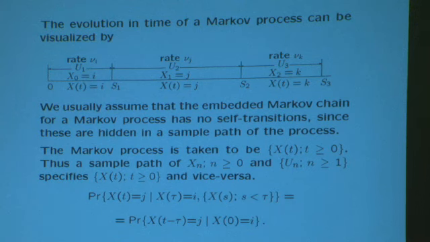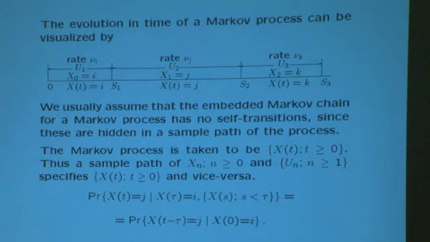When you know when the transitions are occurring, you know what these u's are. And when you see what the transition is into, you know what the state is. So the description of a Markov process in terms of the process x of t for all t greater than or equal to 0, and the set of random variables, the embedded Markov chain and the holding times, are both equivalent to each other.